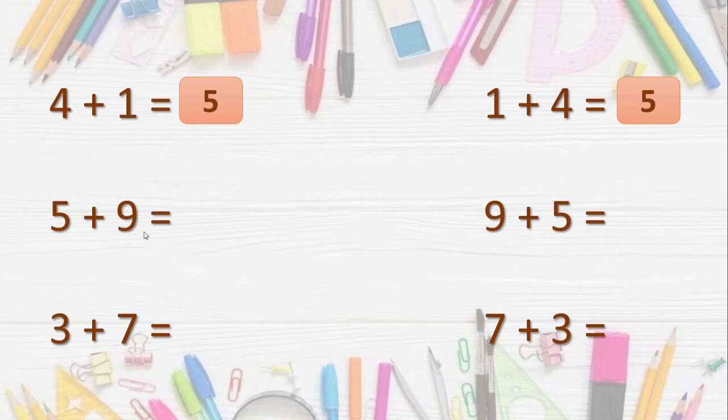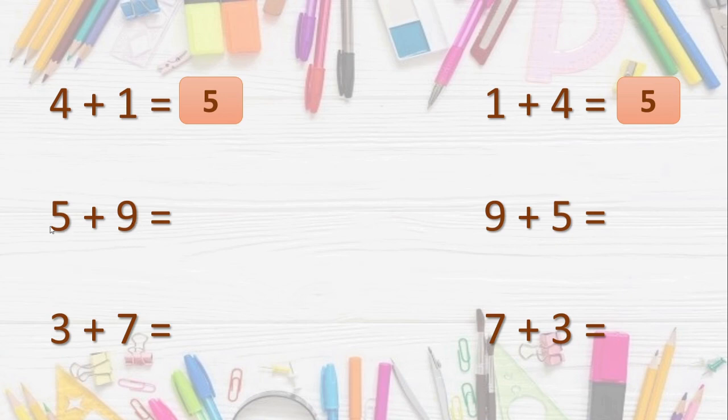If you do the addition of one sum, the second sum will also get the same answer when we change their order, isn't it? So we will not take effort in counting the same numbers in different orders. See here, 5 plus 9 and 9 plus 5. We are sure that both the sums will give us the same answer.